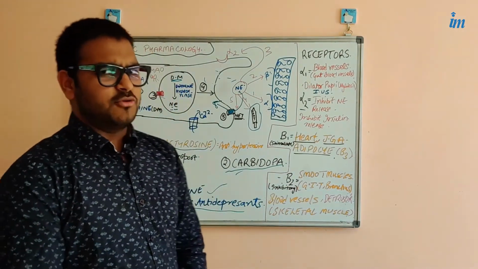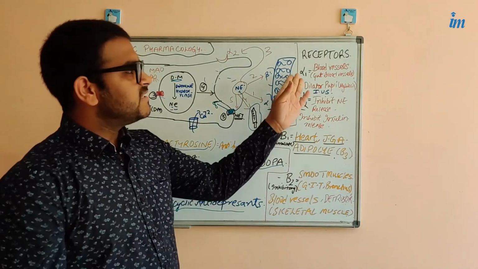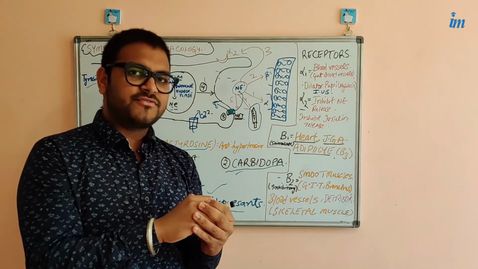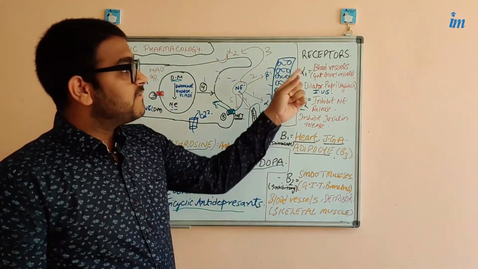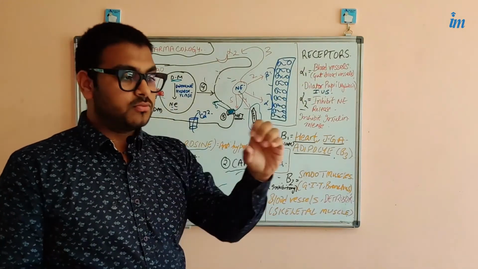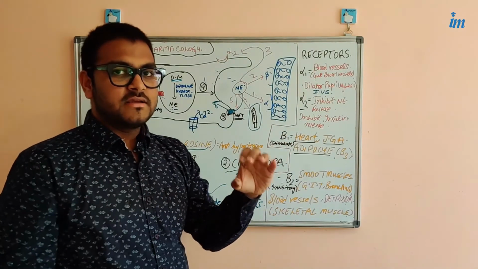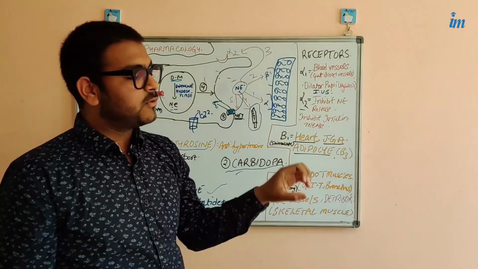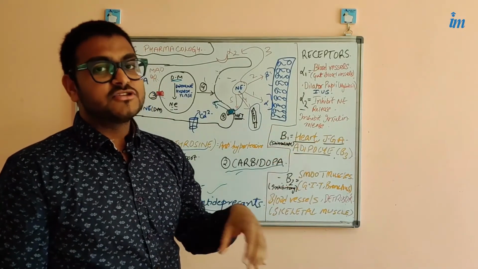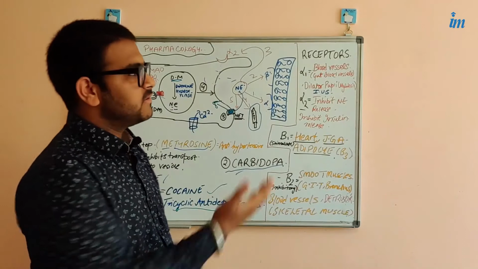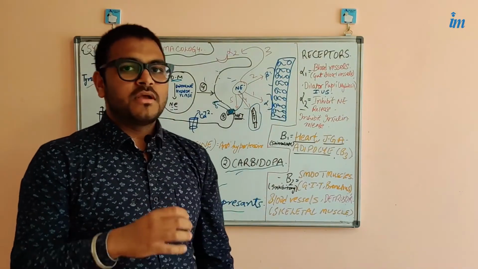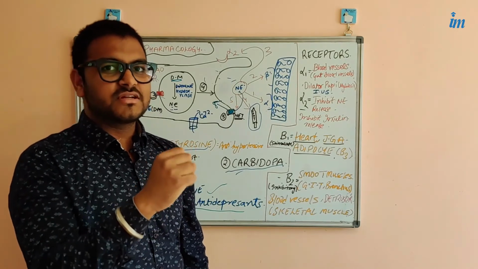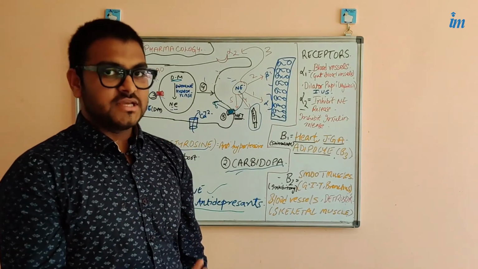What do you mean by stimulatory and inhibitory? Alpha 1 stimulatory means that when the norepinephrine binds with the alpha 1 receptor, for example on the blood vessels, it will give signals to the smooth muscle of the blood vessel, and it will cause constriction of the blood vessel. So stimulation of an adrenergic receptor usually means constriction of some vessel or some smooth muscle.